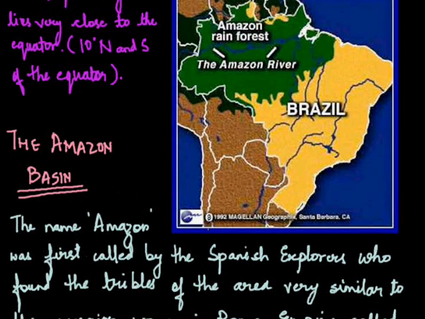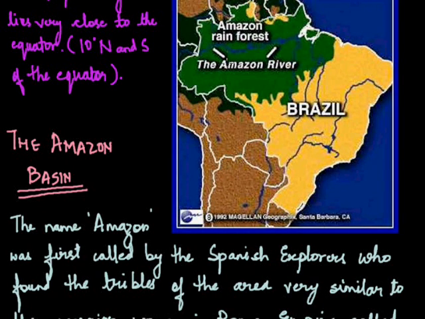As we can see in this picture, throughout the basin of this river, the basin is the area which is the catchment, the part from where the river extracts its water.